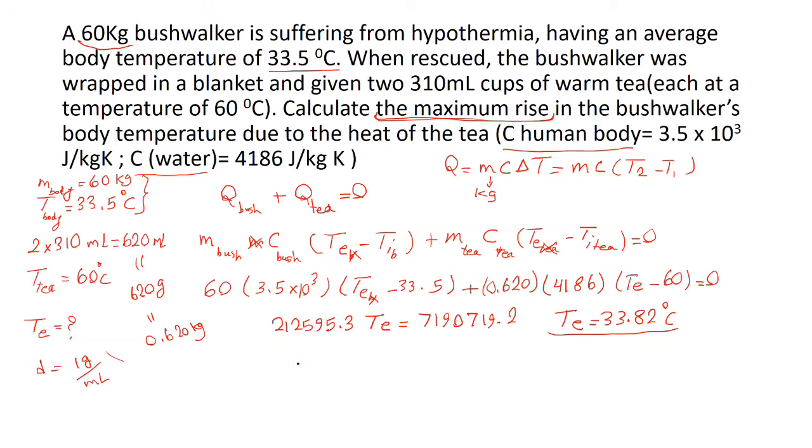So the change of temperature as a result of tea is 33.82 minus the initial temperature, 33.5, which becomes equal to 0.32 degrees Celsius. I hope it helped, and bye for now.